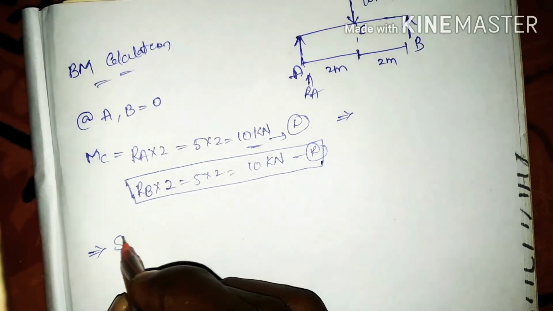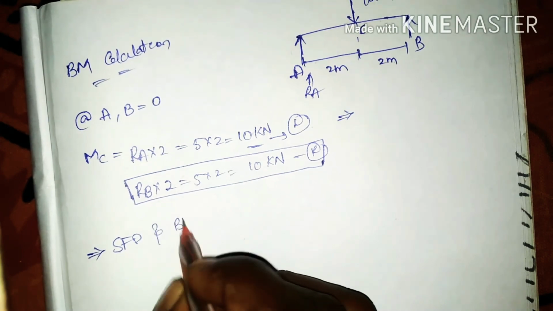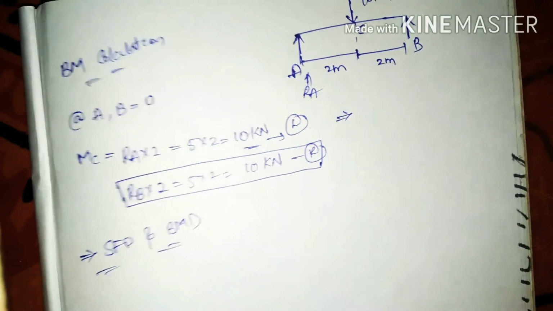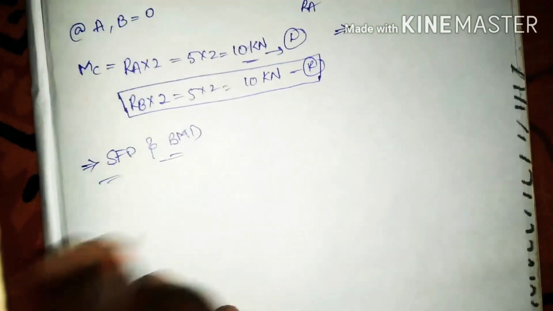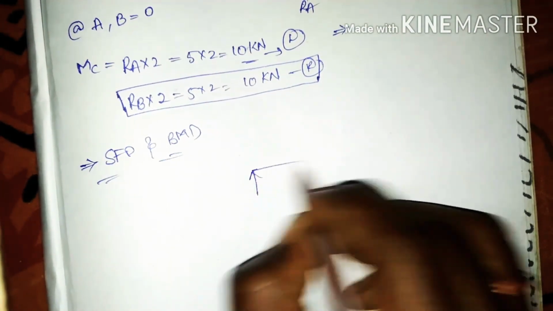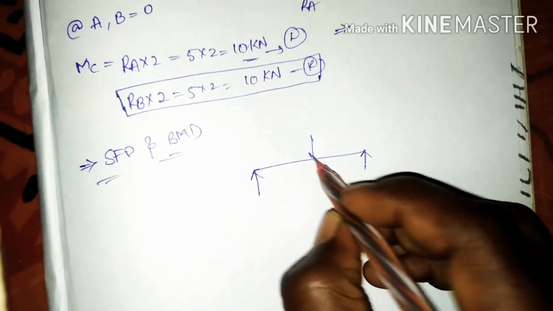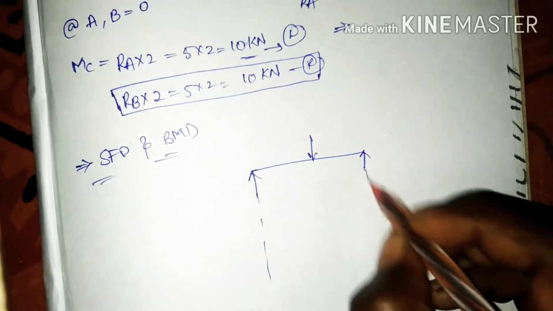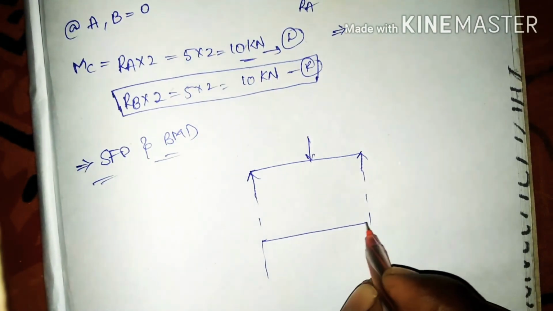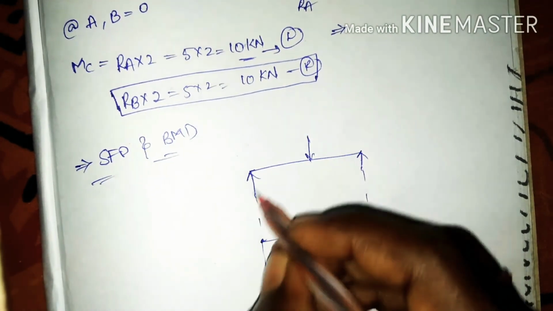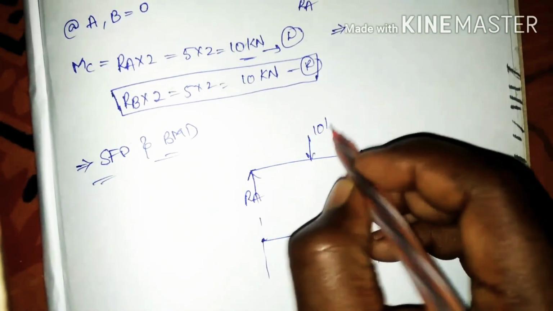Thereafter, the shear force diagram and bending moment diagram. For this, it is very simple. Here we have a load. Draw the dotted lines. This is my reference line.